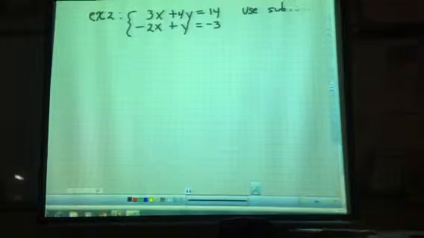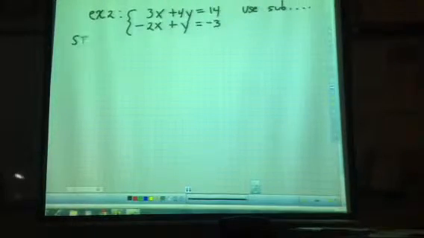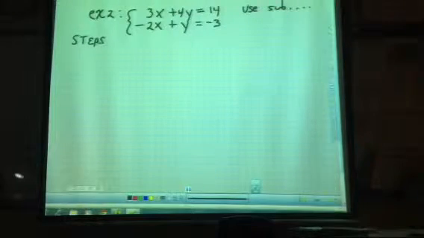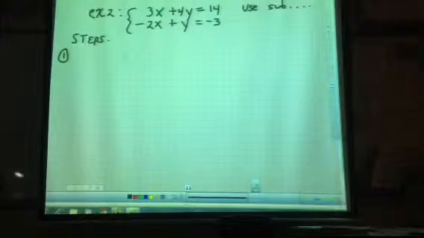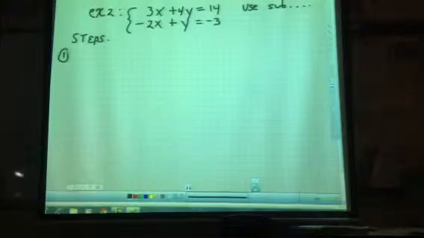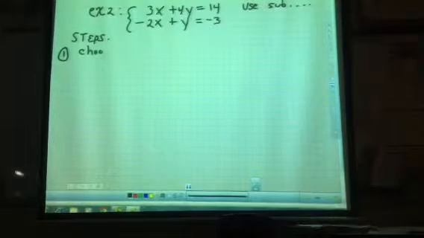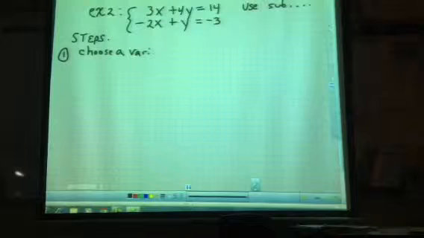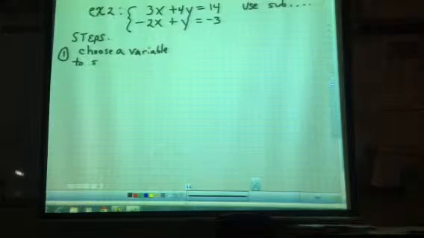So use substitution. And here's the deal. I'm going to give you some steps. And there's many ways of working this out. But step 1, what I need you to do is actually choose a variable to solve for.